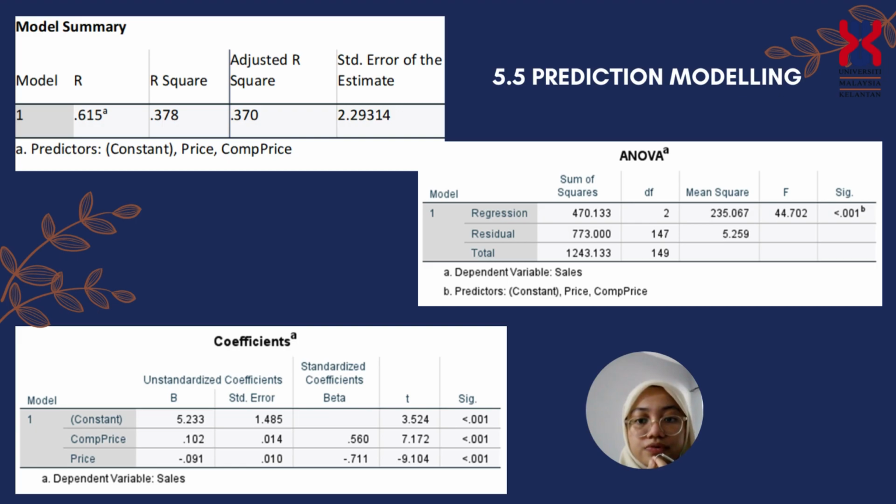Comprise has a coefficient of 0.102, meaning that while keeping price constant, sale grew by 0.102 unit for every unit increase in comprise. Price has a coefficient of negative 0.091, meaning that while comprise remains constant, sale falls by 0.091 unit for every unit increase in price.